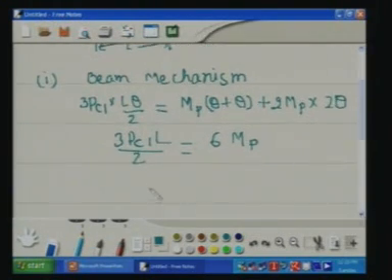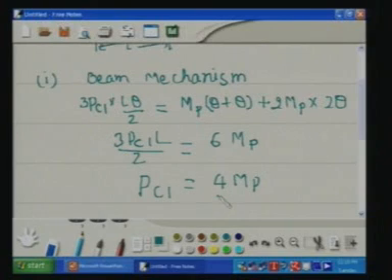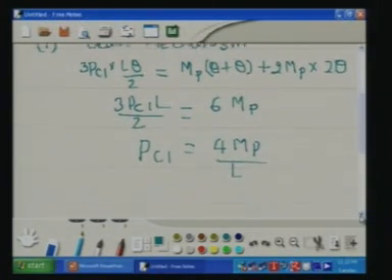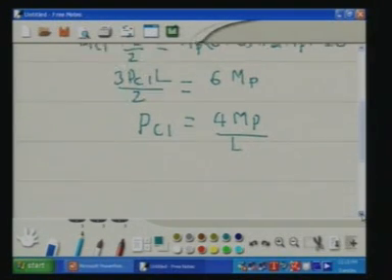This will give the value of PC1, equal to 6 into 2 by 3, that is 4 MP divided by L. So, this is the value of the critical load that comes out in the first mechanism.